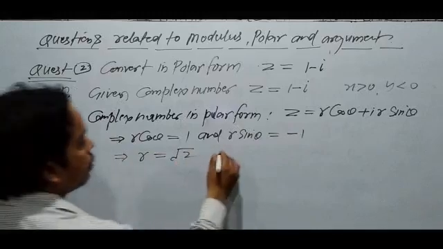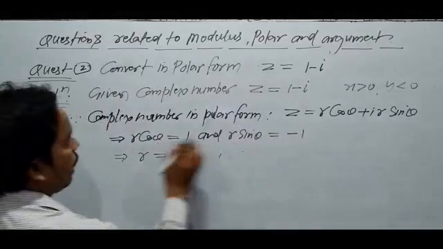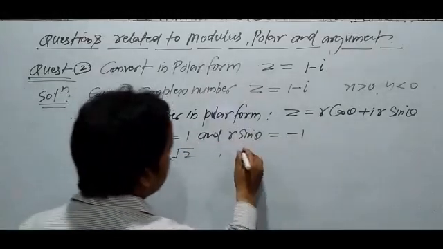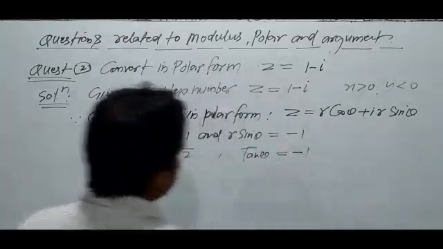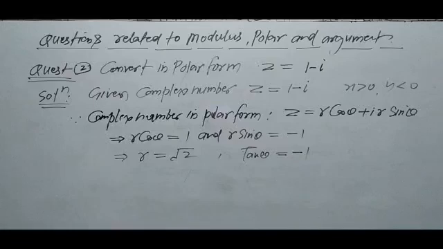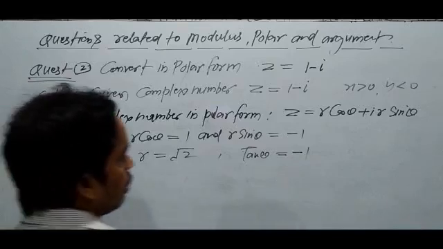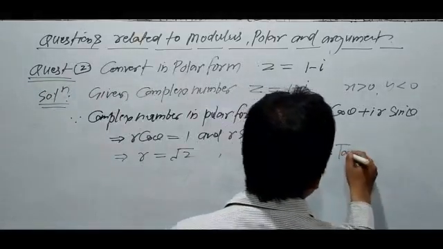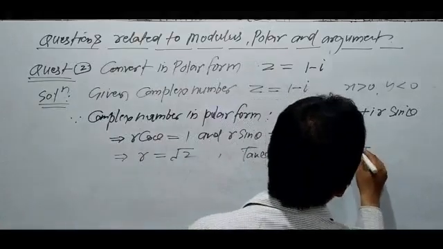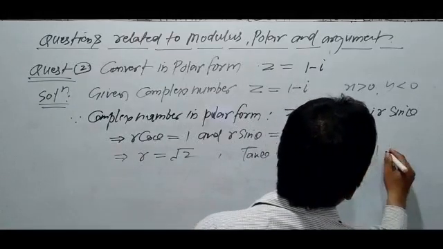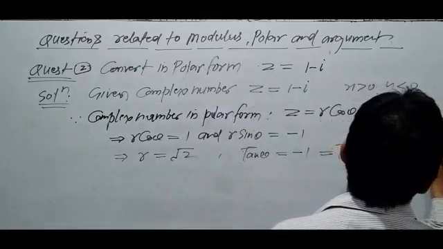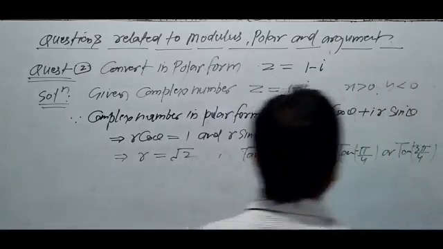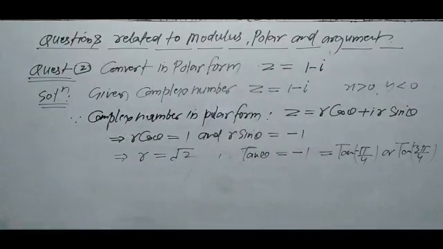Now dividing r sin theta by r cos theta, you will get minus 1. This implies tan theta is minus 1, and minus 1 is the value of minus tan of pi by 4, and also tan 3 pi by 4.